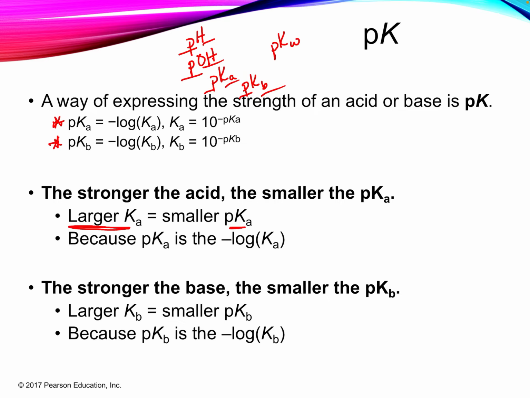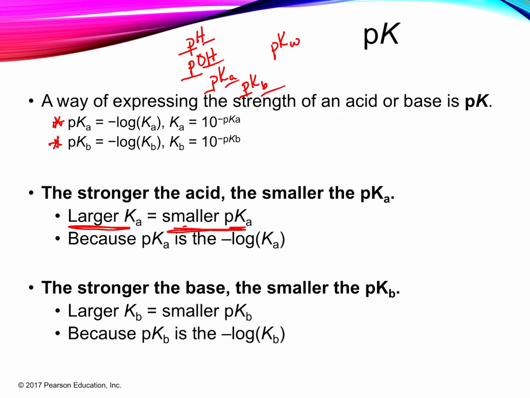And I like to think of it as, well, we know a strong acid would have a really low pH. So if it's a really strong acid, it makes sense that it should have a small pKa because it would have a small pH. So I relate those. Okay, and this is all because pKa is the negative log of that Ka. That's how it works out mathematically.